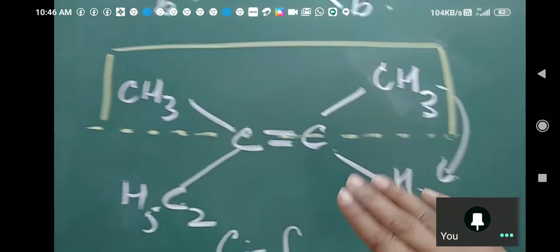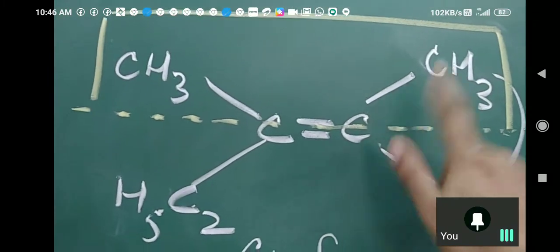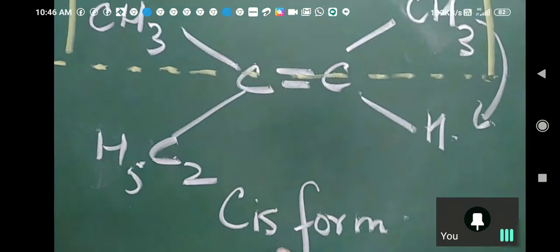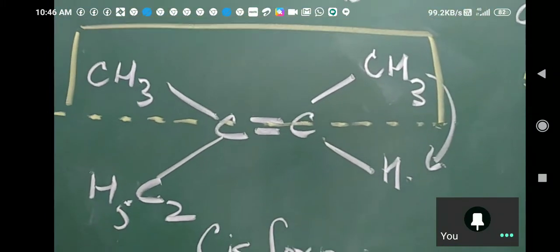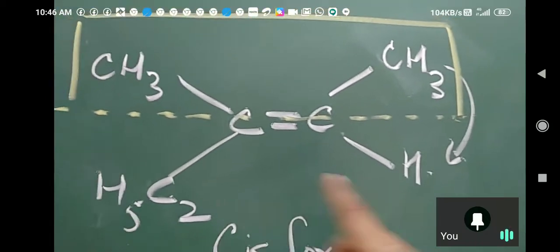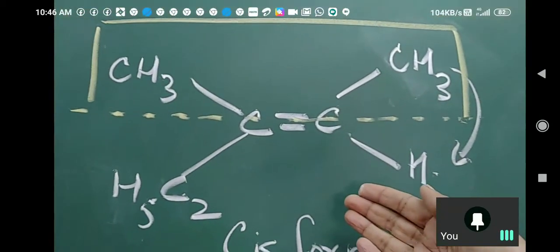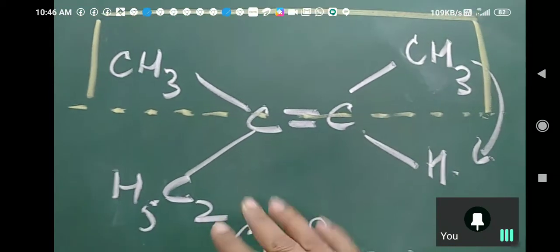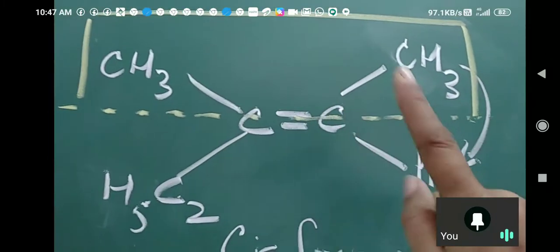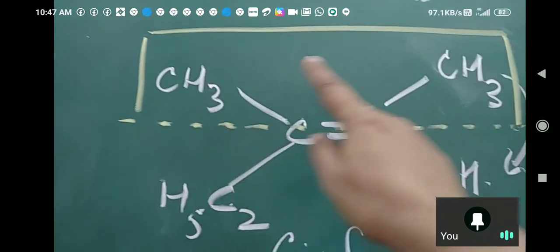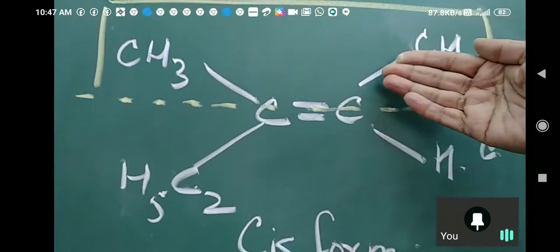Okay. See, I am referring with respect to this group. It is cis. The other two can be any one of them. The other one can be anything. We are not comparing with respect to hydrogen or C2H5. I am comparing with respect to CH3. With respect to CH3, this is cis. If CH3 becomes this side, it is trans.